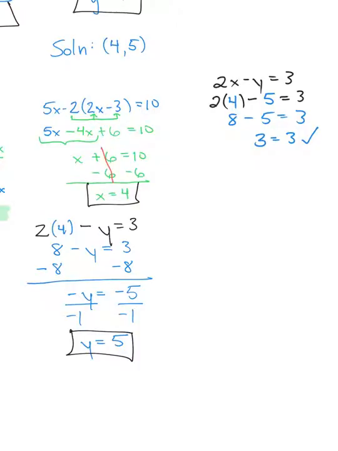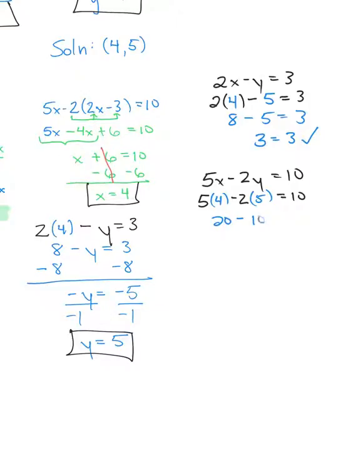Now, if we check it in the other equation, we have 5x minus 2y equals 10. So when we plug in, we get 5 times 4 minus 2 times 5 equals 10. 5 times 4 is 20.